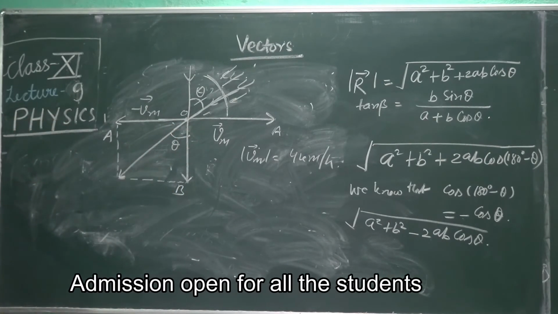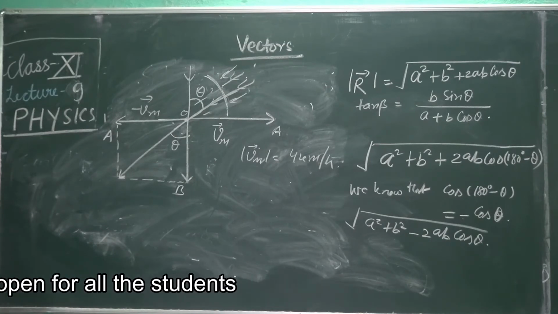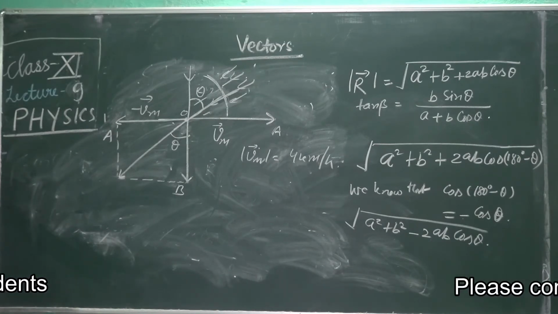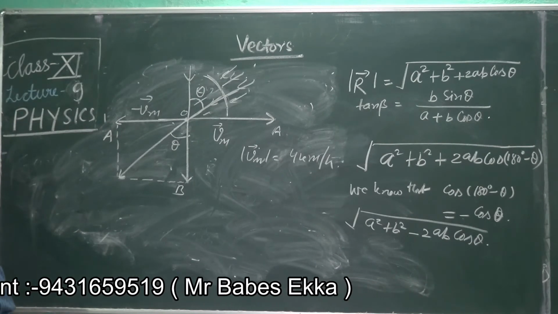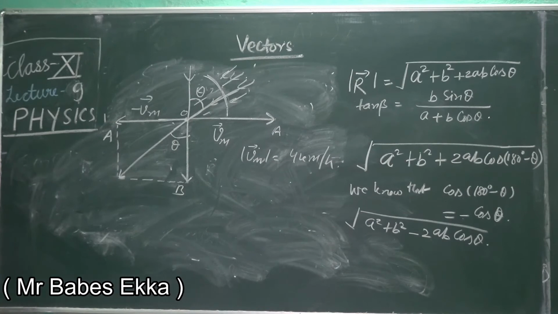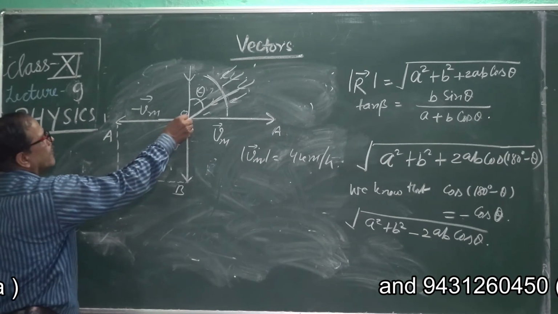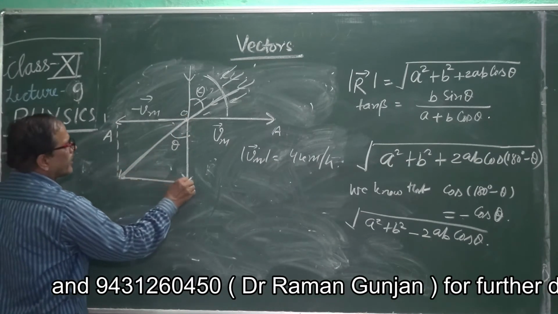Let theta be the angle at which the person holds the umbrella with respect to vertical direction. Now we have a right triangle.